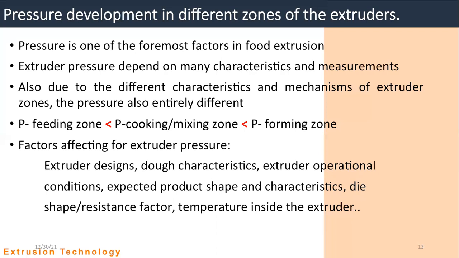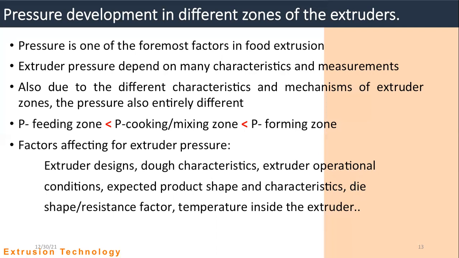At the end of the barrel, you can see the forming zone and die zone. So pressure is very high. It is actually very easy to understand. Feeding zone, mixing or cooking zone and forming zone, three zones are there. And I think we have discussed there are different types of extruder barrels and screws available. I hope we have discussed how to change the pressure by using the flight height and those things.